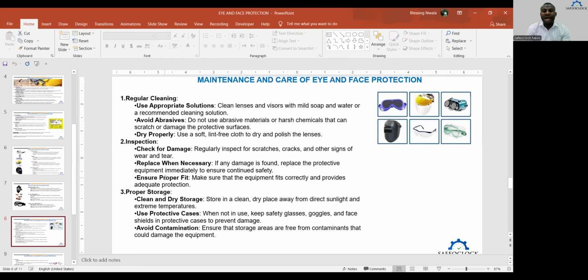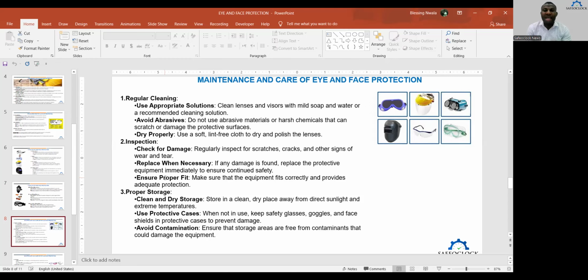Clean the safety glasses or the face protection device with soap and warm water, or a recommended cleaning solution. Avoid abrasives. While cleaning, do not bring in harsh chemicals. Do not scratch the surface during the cleaning of these protection devices. Use only soft cloths, dry and polish the lenses.